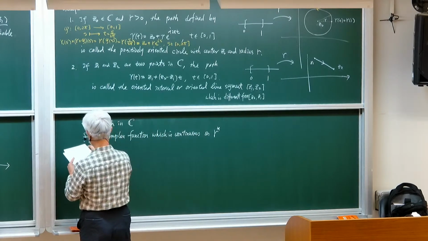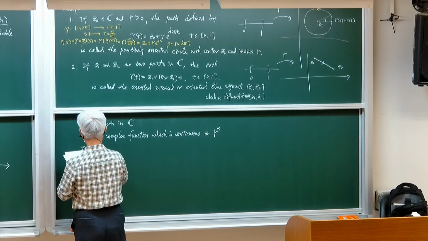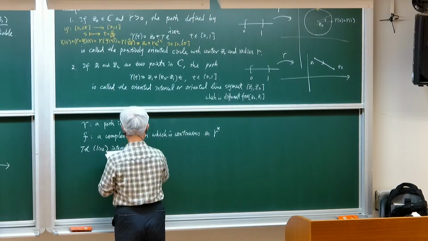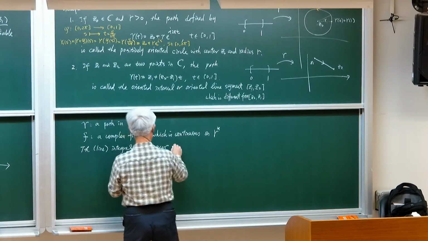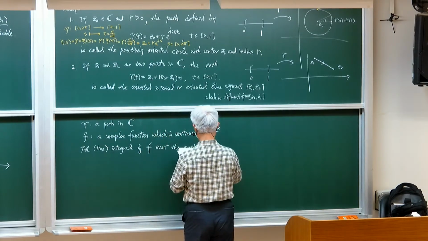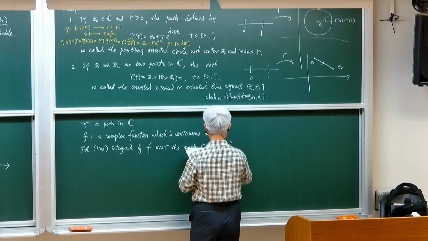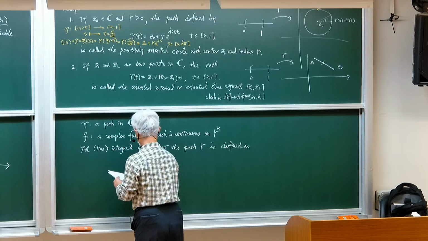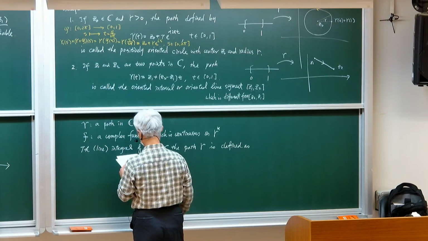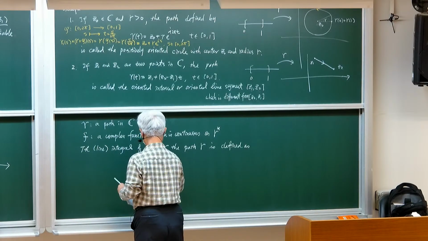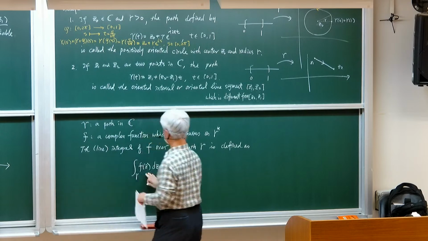The integral, or sometimes the line integral, of f over the path gamma is defined in the following way: the integral over gamma of f dz.